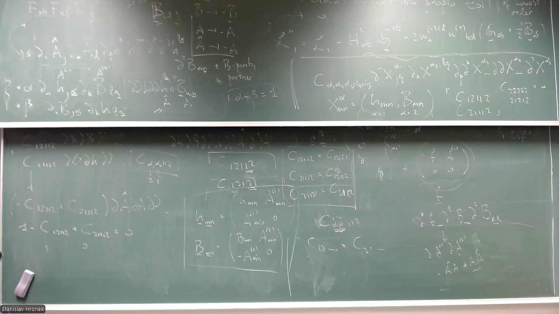But now the question is, is it possible to do a field redefinition to begin with in the 10-dimensional theory, such that in this new field-redefined 10-dimensional theory, when you do the reduction, you won't get any of the violating terms? Okay, that you're saying is not possible? Yeah, I'm saying it's not possible, based on the equations and constraints you get for C. There is nothing that will satisfy.